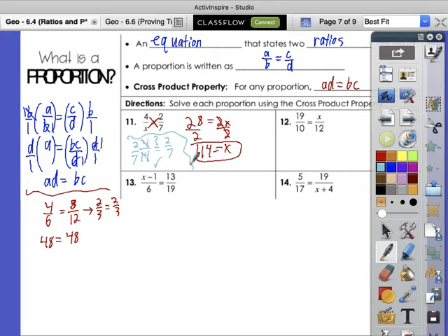What do we need to do? You do 19 times 12. Oh, you do 19 times 12, right? So then you do 10 times x. Yep. Yeah. Okay, go.